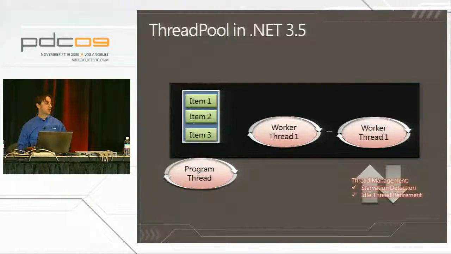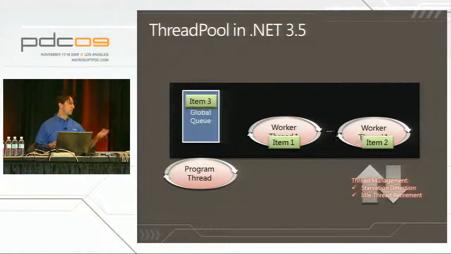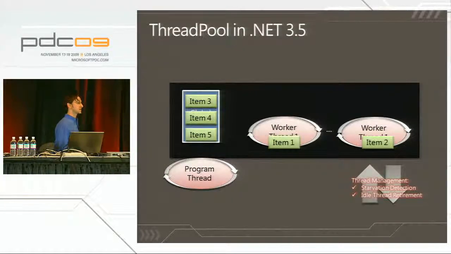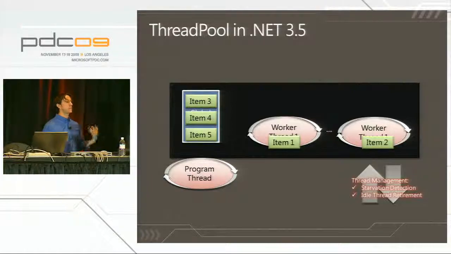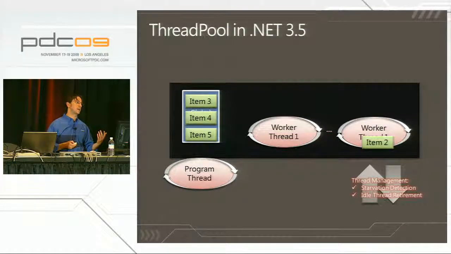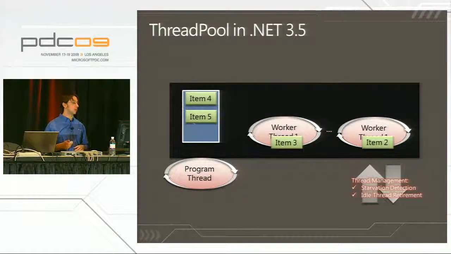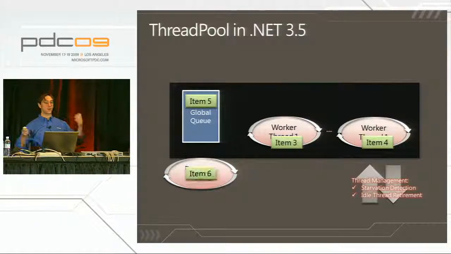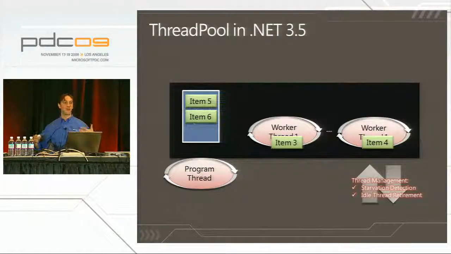They pull off that work, and they start processing it. Meanwhile, the queue might be filling up with additional items. In fact, these workers may themselves be generating additional work, which is going to go back into this global queue. And then when they finally finish some work, they're going to go back to the queue and grab some more. So the last worker thread might complete and pull off another work item. More work might come in. And this continues ad infinitum as long as there's work in the system.